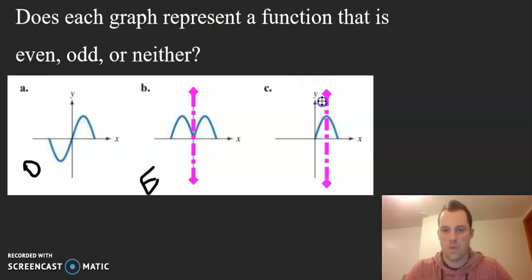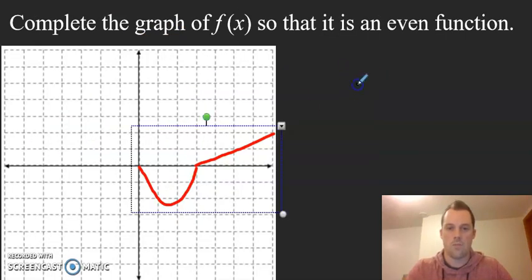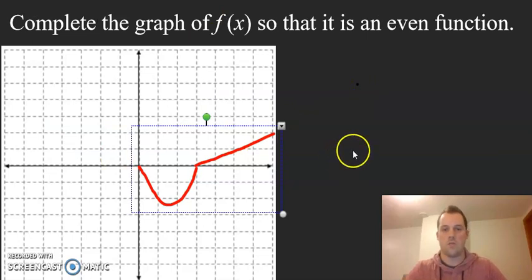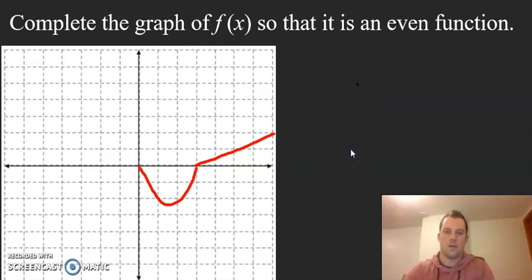But because this isn't where the y-axis is, it's not reflected across the y-axis, so it's not an even function. So this one would end up being neither even nor odd.